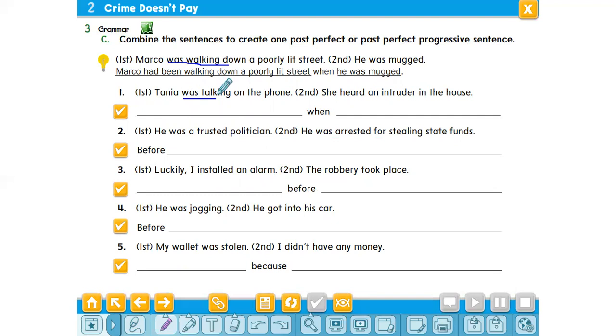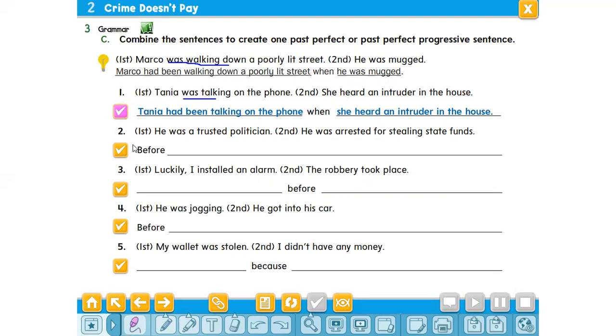We will use had been -ing, past perfect progressive. Now write the answer. Tanya had been talking, past perfect progressive, on the phone when she heard the intruder in the house. The second action is in the past tense.